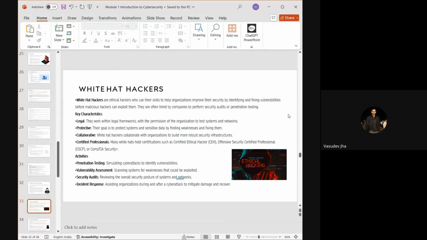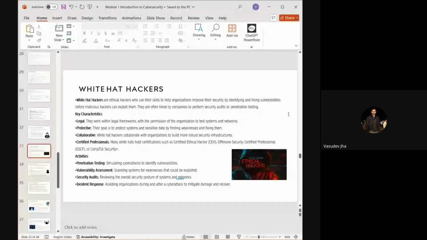They will do everything in a legal way. They hold different certifications like CEH, OSCP, or CompTIA Security Plus. They usually go for penetration testing, vulnerability assessment, and security audit, working with the organization.